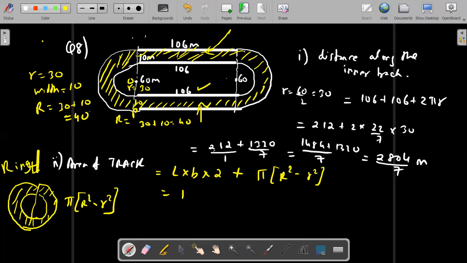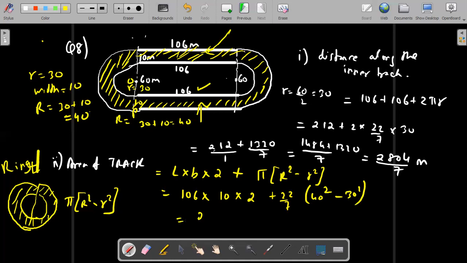So this will be 106 into 10 into 2, because the length is 106 and the breadth is 10, into 2, plus 22 by 7. The outer radius we have calculated as 40, the inner radius 30.